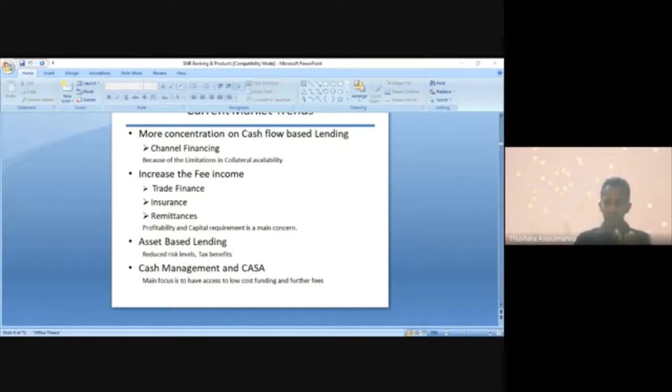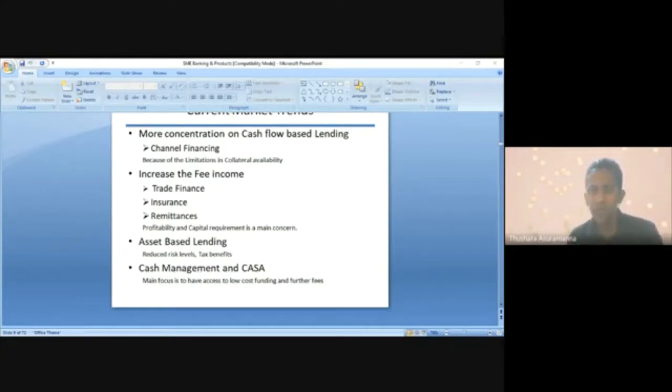It could be remittances, CASA management, internet banking, insurance, trade financing. Because you can earn higher profitability as it's all other income. You think about making bigger profits. How? NII is now thin, very low. You need to focus more on fee income.